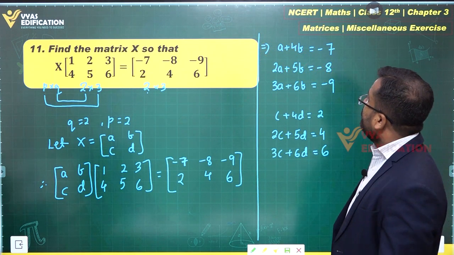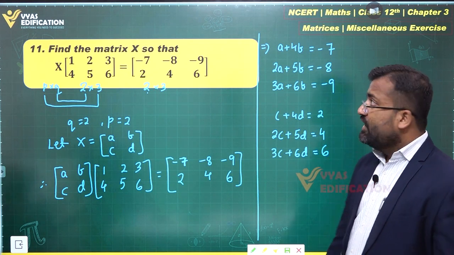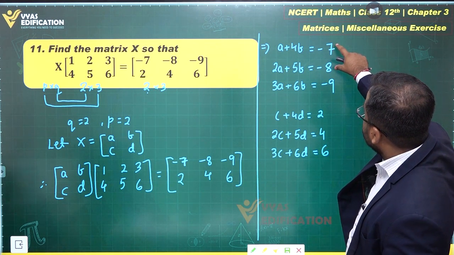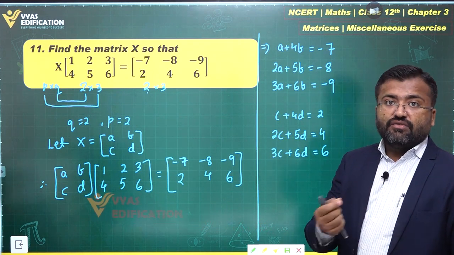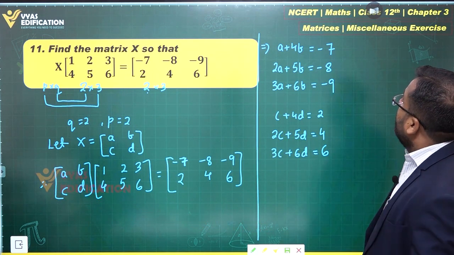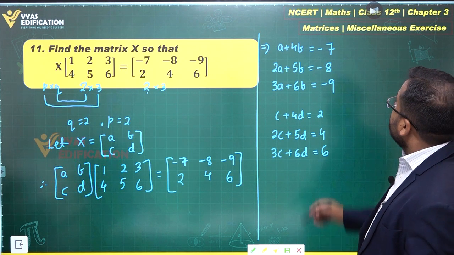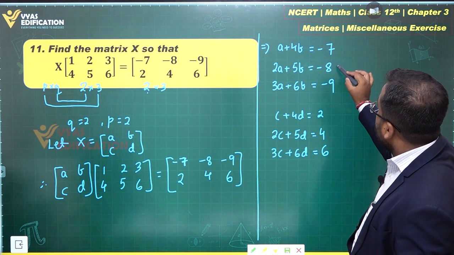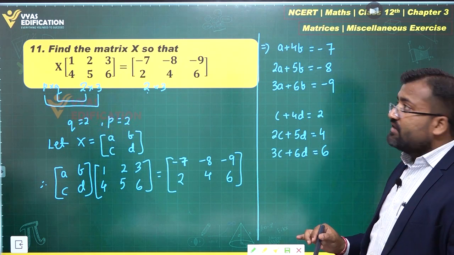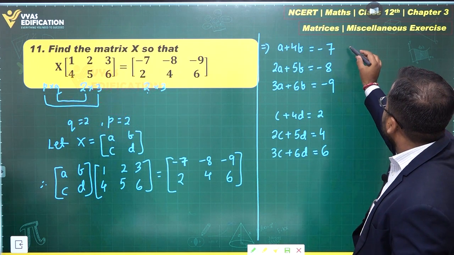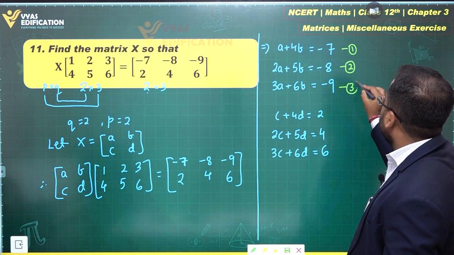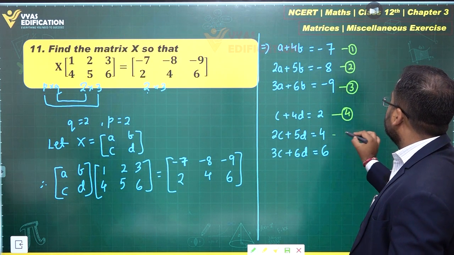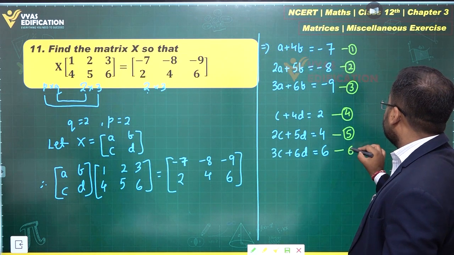Okay, how do we solve for A, B? First of all, for solving for A and B, we only need these 2 equations. This is an extra equation. We'll check this for the solutions obtained for consistency, right? What we can do is simply multiply this by 2 and subtract over here. This is equation number 1, let us say. This is 2, this is 3, this is 4, this is 5, and this is 6.